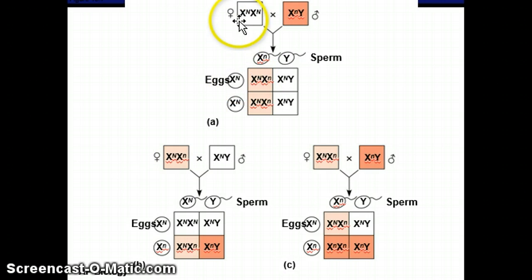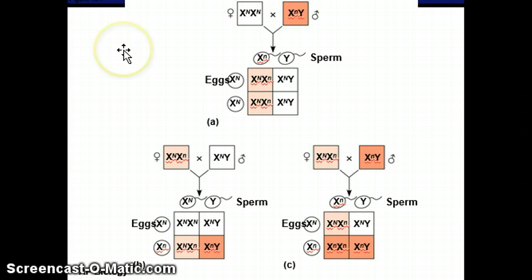So if we look here, we have a homozygous dominant for the trait, and it is important to study this graphic, because it shows you how to use this sort of representation of chromosome alleles and their actual difference in alleles.